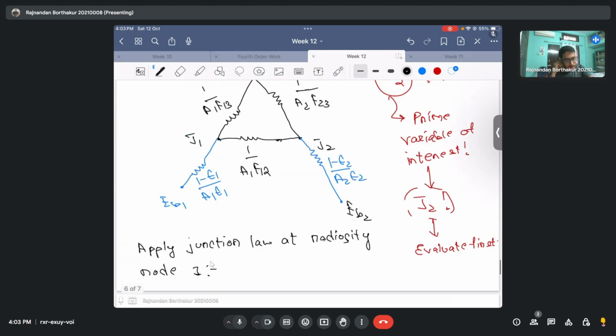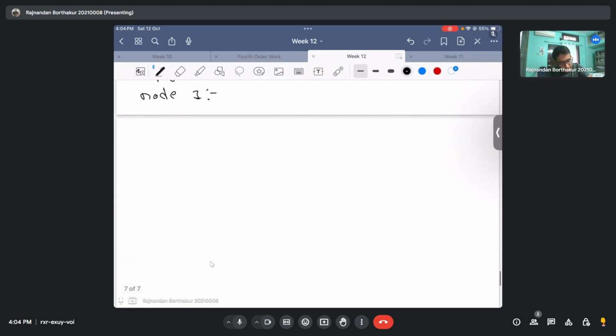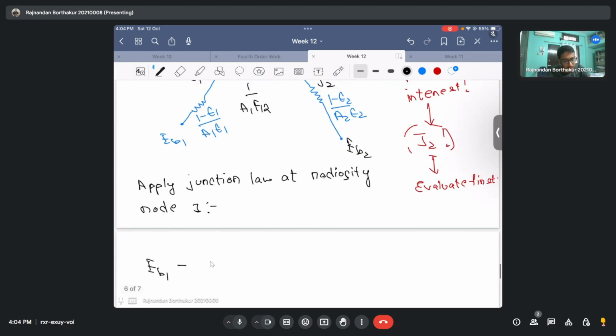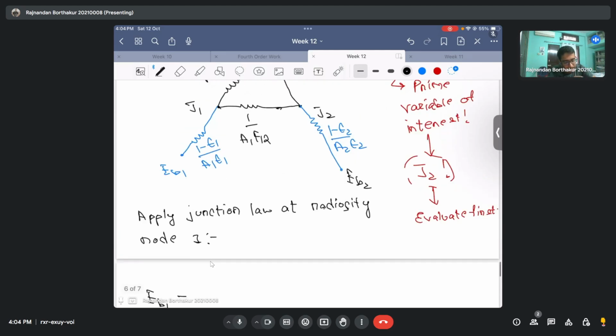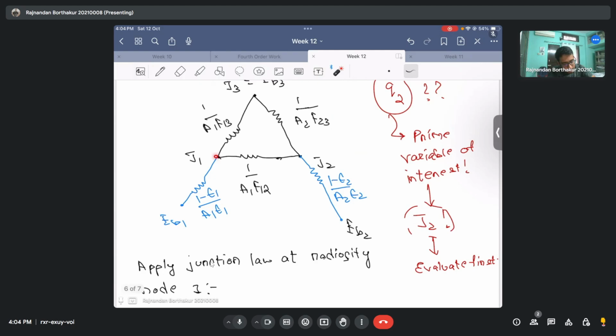All right. So if we apply the junction law at radiosity node 1, the current that is coming in this circuit, you can simply write as the difference between voltages. My voltage now becomes the emissive power and the radiosity. So it just becomes EB1 minus J1 divided by the resistance, which is 1 minus epsilon 1 by A1 epsilon 1. And this is equal to what? This is equal to the difference between these two radiosities divided by these resistances.